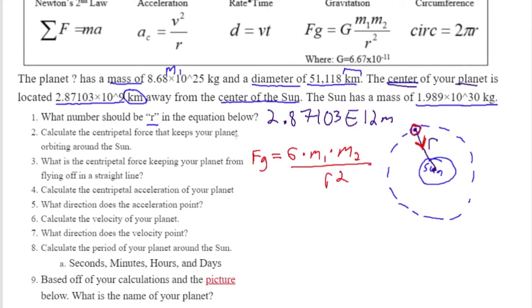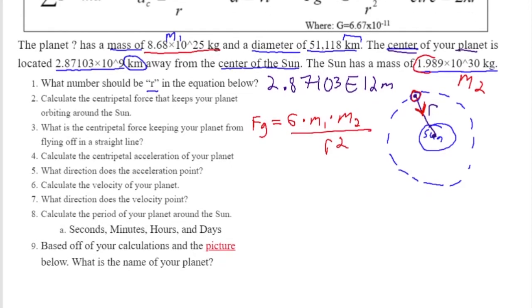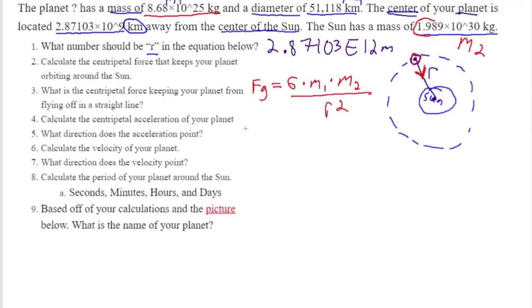Since the orbit is around the sun, we're going to take this mass over here, which is the mass of the sun, and set that for our M2. And our planet is going to have the mass right here as M1. Both of these masses are in the correct unit, so we can just go ahead and plug them in. So I'm going to write that down here just so that we can see.